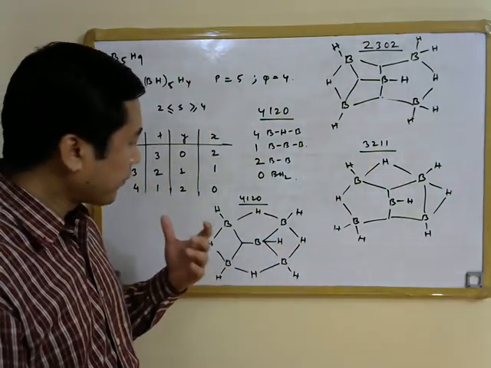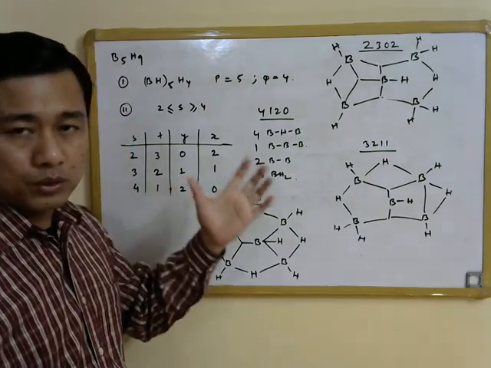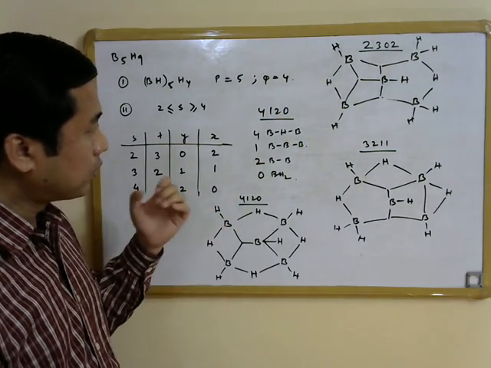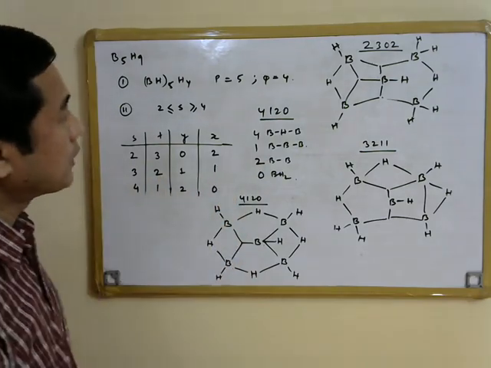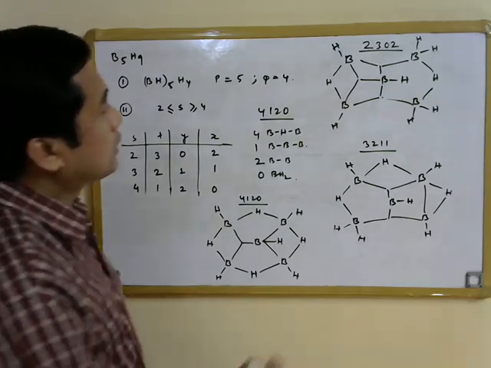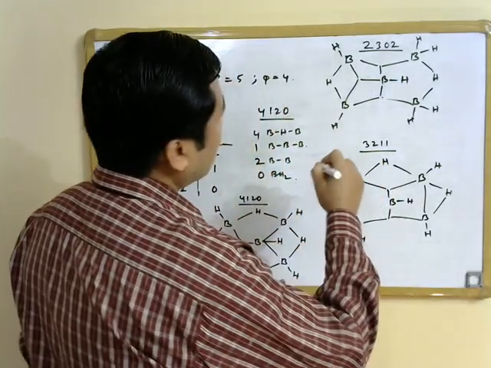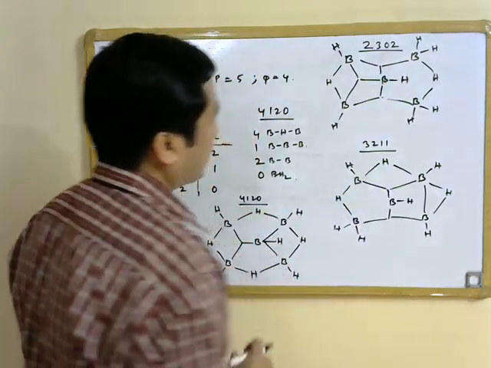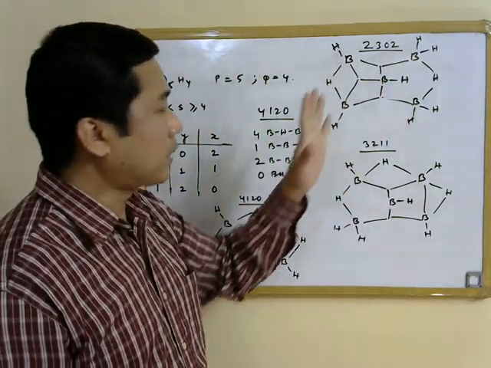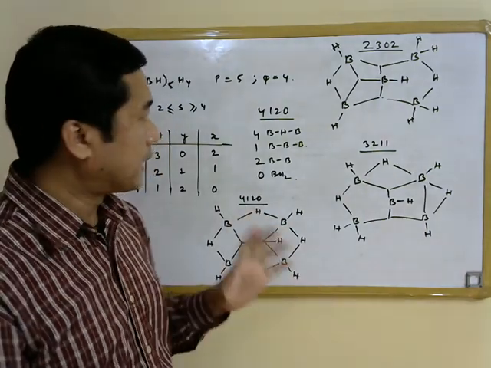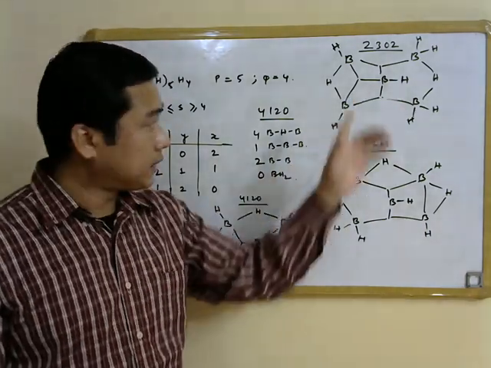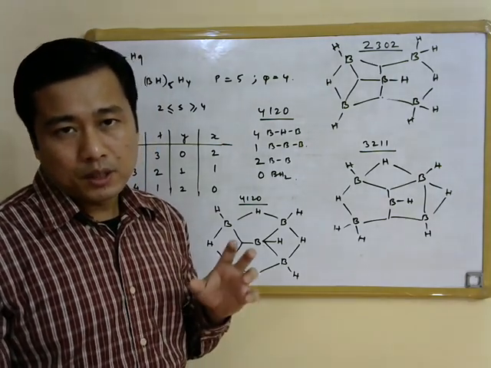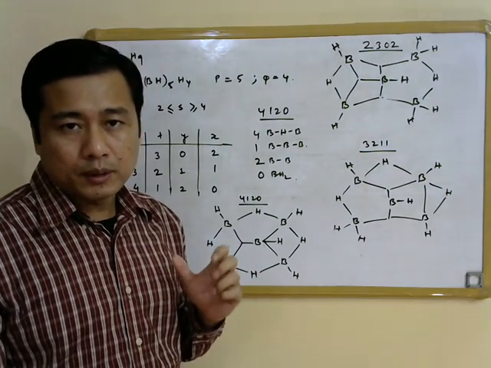Now, when we try to find out which particular structure among these is correct, by using the empirical laws, what we can see is that in this particular structure, the central boron center, surrounded by 4 boron centers, is going to participate in only one 3 center 2 electron linkage.